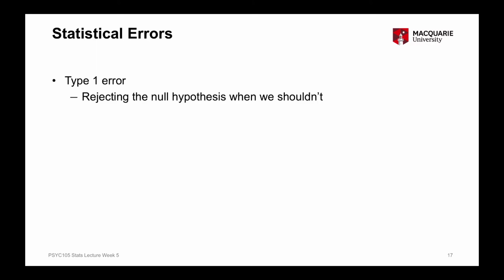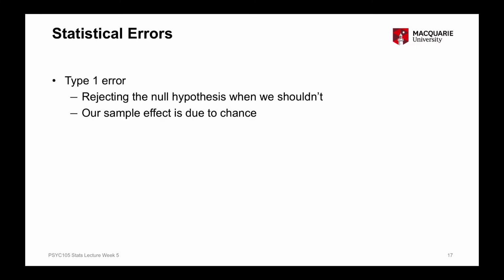So a type 1 error is rejecting the null hypothesis when we actually shouldn't. So concluding that we have evidence to think that there is support for the alternate hypothesis when actually an effect doesn't exist in the population, when actually the null hypothesis is true in the population.